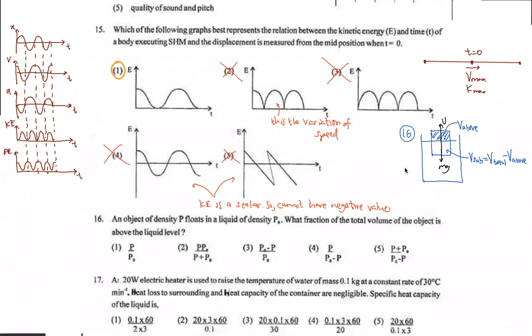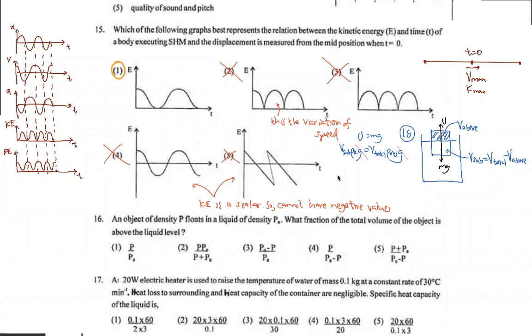If I write the equations, upthrust is equal to mg, and upthrust is going to be the submerged volume times the density of the liquid times g, and mg is going to be the total volume times the density of the object times g. That means we are able to cancel out g.